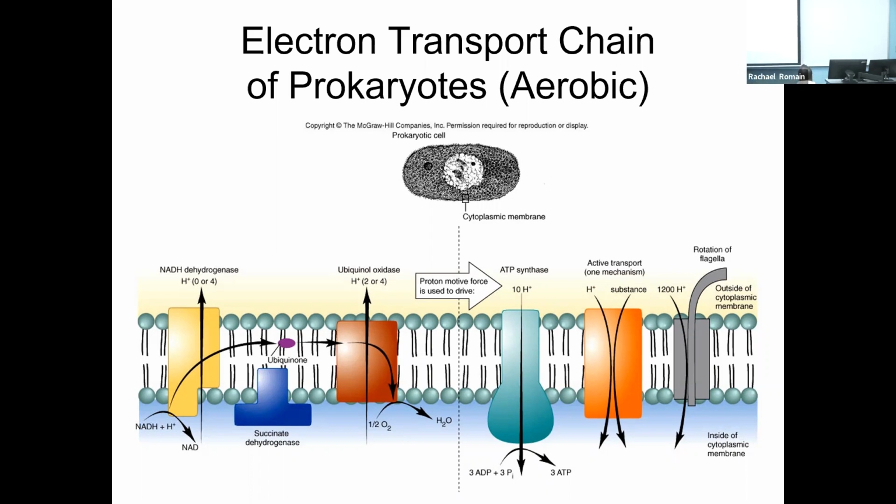Do you see how NADH is coming up to the membrane here? The NADH comes up to the membrane and it leaves in the form of NAD. So it's kicking out not only the electrons, but protons as well, okay? Both of those have a path.